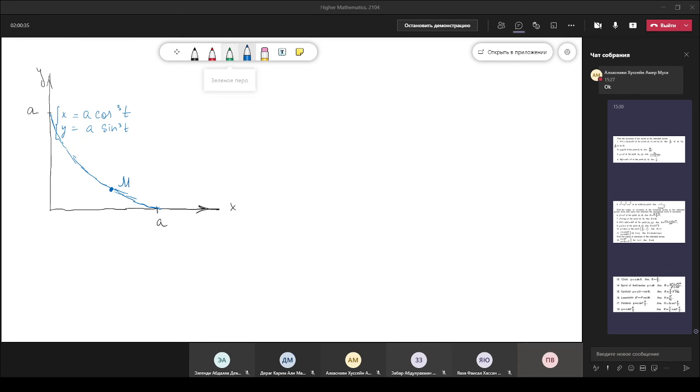In this point we plot the tangent line, good, this tangent line.